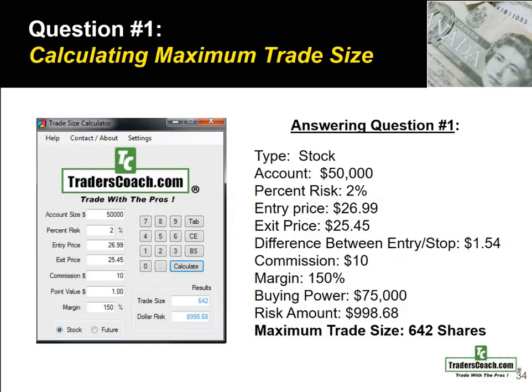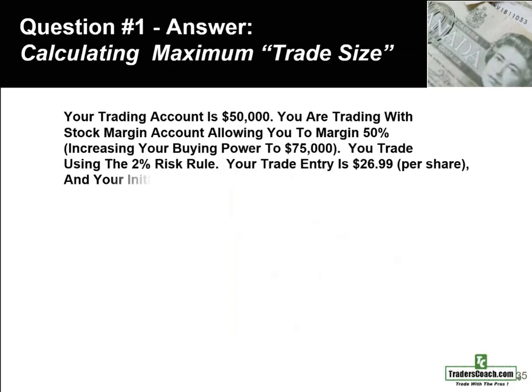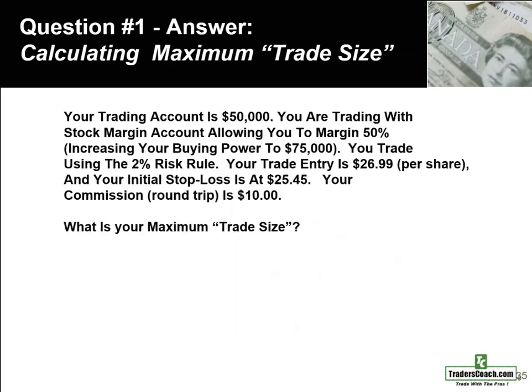You don't want to trade any more than that, because if you're stopped out, that will keep your losses within the risk of ruin, so you're keeping your losses small. That's how you check your losses. And of course, the answer is C, 642 shares.